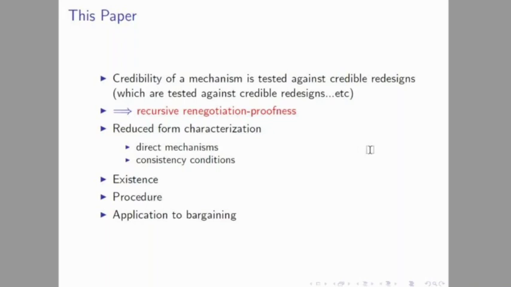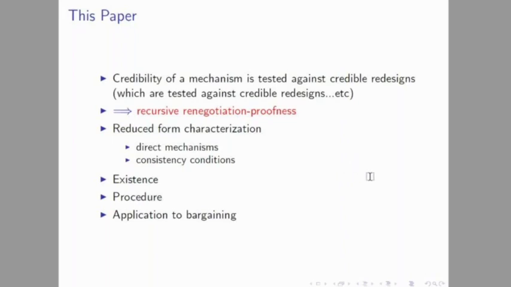Of course, a conceptually clean solution would be one where the same criterion we put on the first stage mechanism is imposed also on the second stage mechanism, that it should be robust against further renegotiation. But that implies that also the third stage mechanism should be robust against further renegotiation, and so forth, ad infinitum.